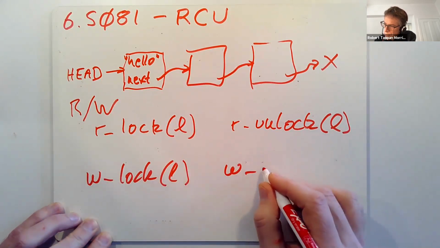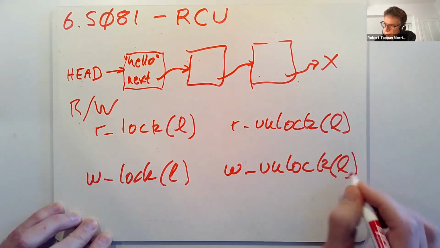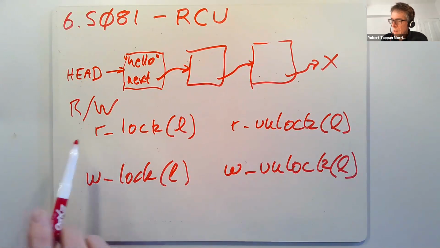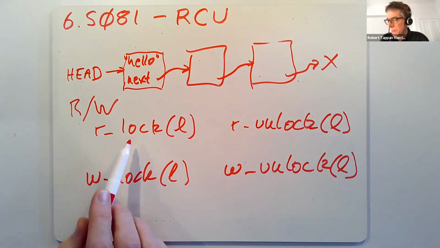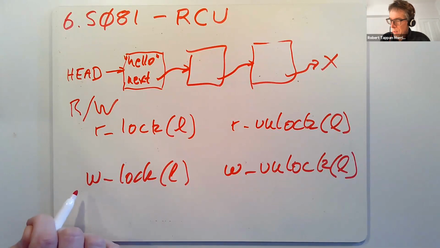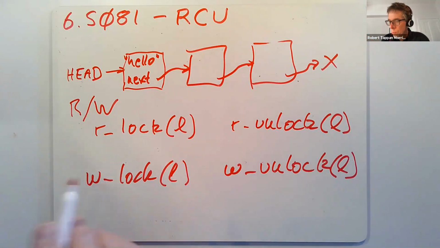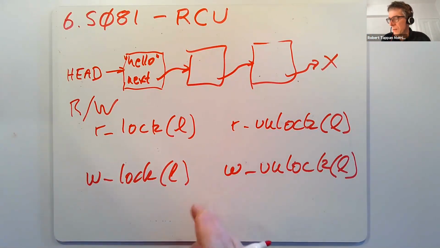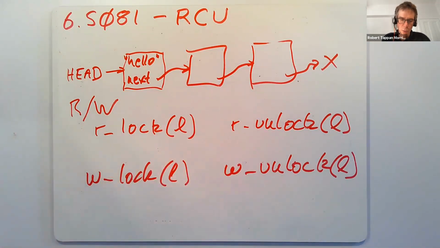And the semantics are that you can either have multiple readers acquire the lock for reading, so we would get parallelism, or you can have exactly one writer have acquired the lock, but you can never have a mix. Read-write locks rule out the possibility of somebody having the lock for writing and also reading at the same time. You either get one writer or lots of readers, but nothing else.